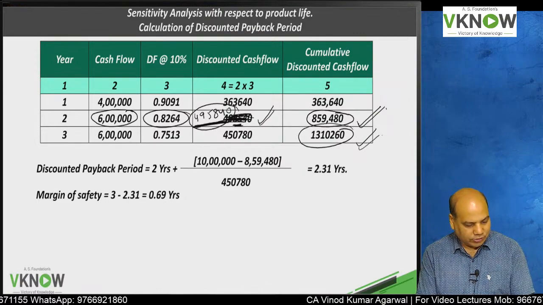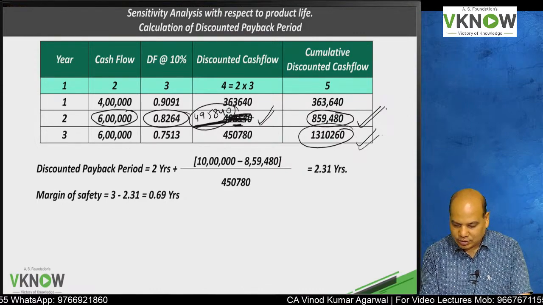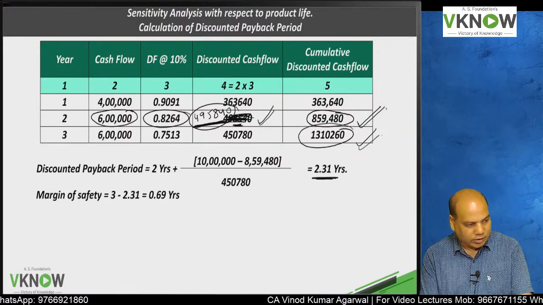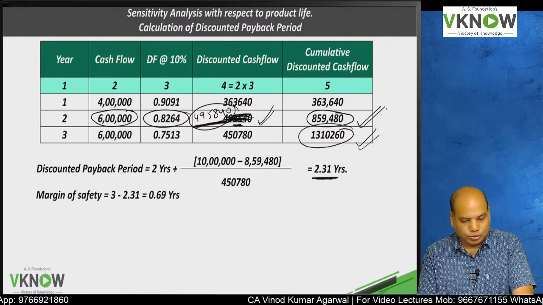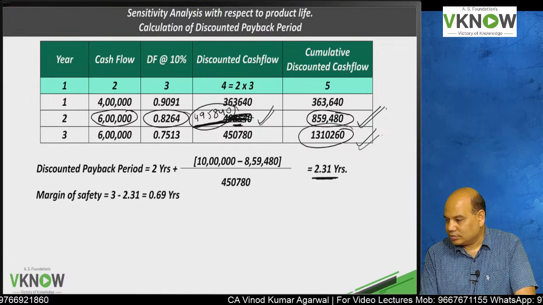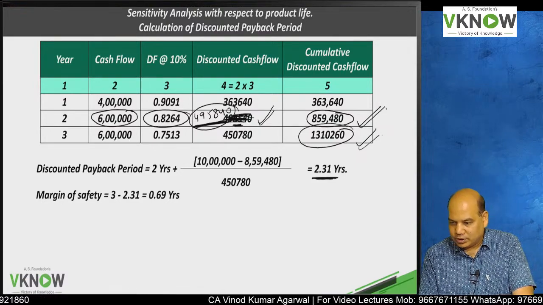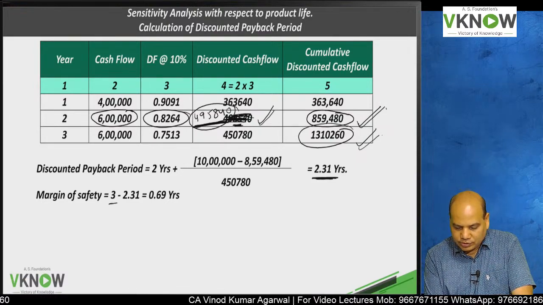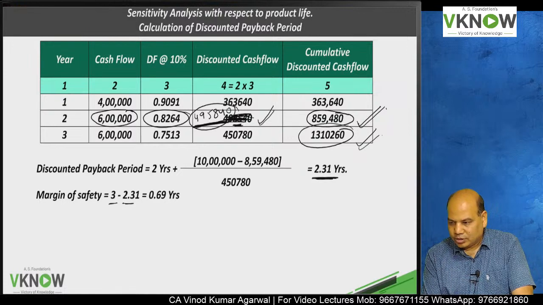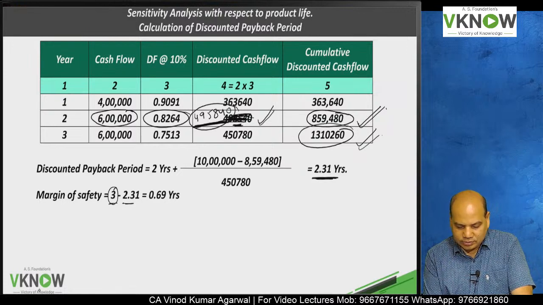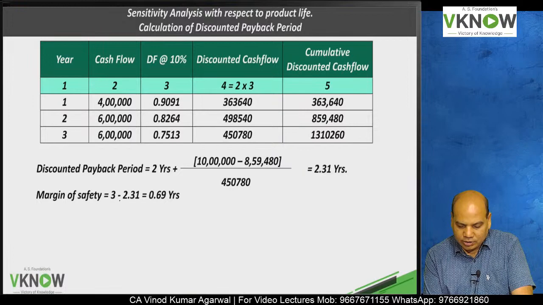Okay, let us go to the answer. 2.31 years. Margin of safety, write down. Original estimate is 3 years. Minimum time required is 2.31 year.